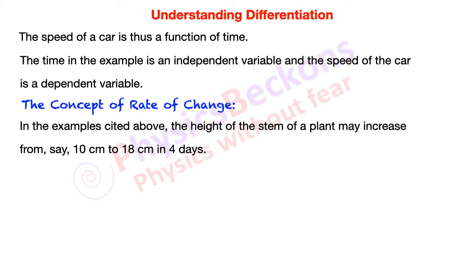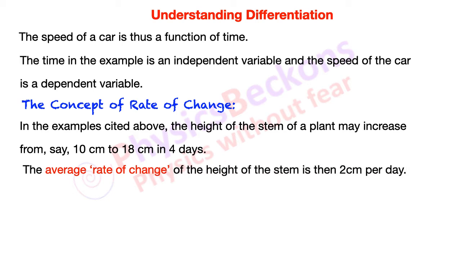In the example cited above, the height of the stem of a plant may increase from say 10 centimeter to 18 centimeter in 4 days. This is just an example. The change is 8 centimeter in 4 days. So average rate of change of height of the stem is 2 centimeter per day.